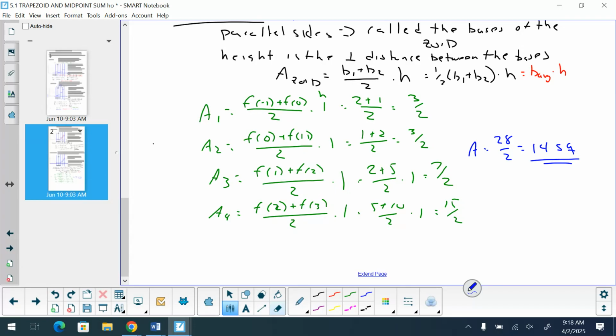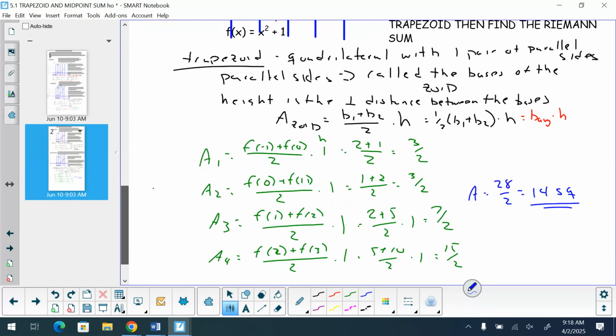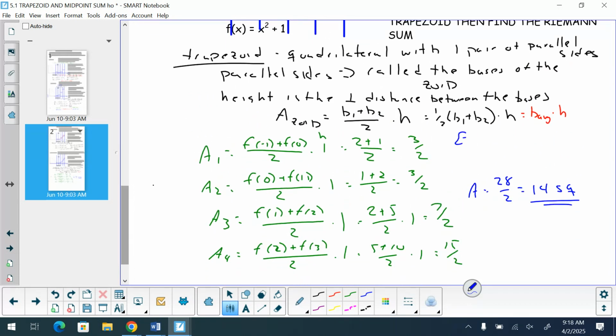Okay? And once again, you shrink down delta x, it's going to get smaller, it's going to get better and better and better. Okay? Now, once again, do we really need a picture? No. Because if I take a look, here are our subintervals.